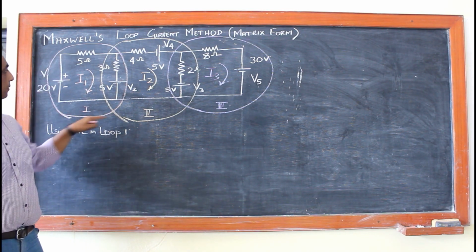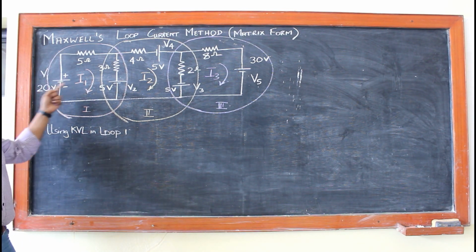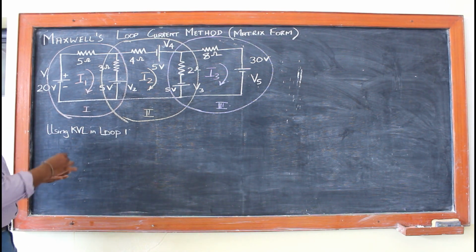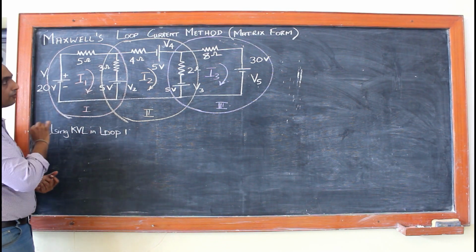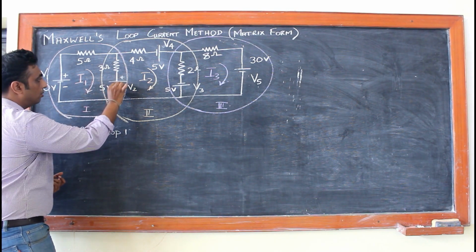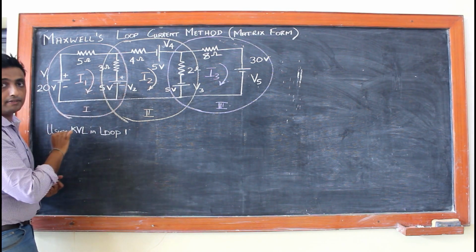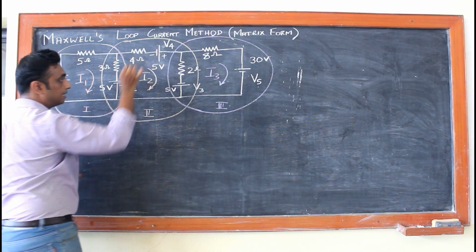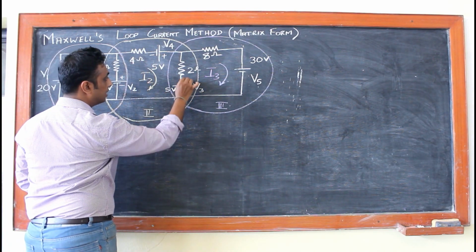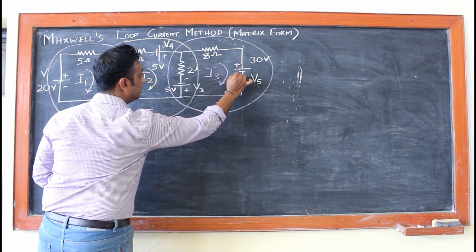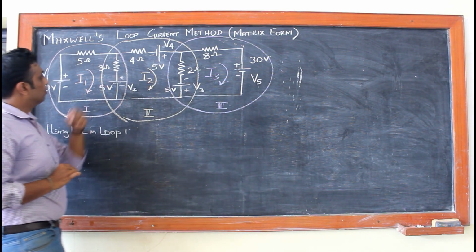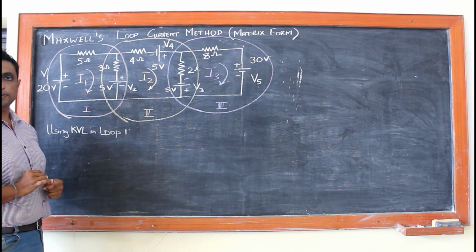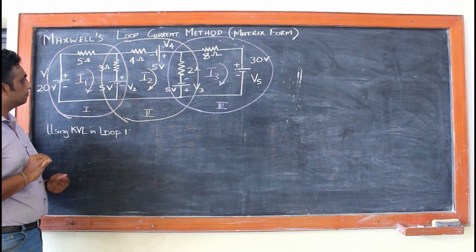In this loop 1, I have 20 volts and 5 volts. Another thing to remember is, always mark your polarity for your voltage sources. So I have positive and negative, again positive and negative, and so on. So mark your polarities for your voltage sources. This is the first step.